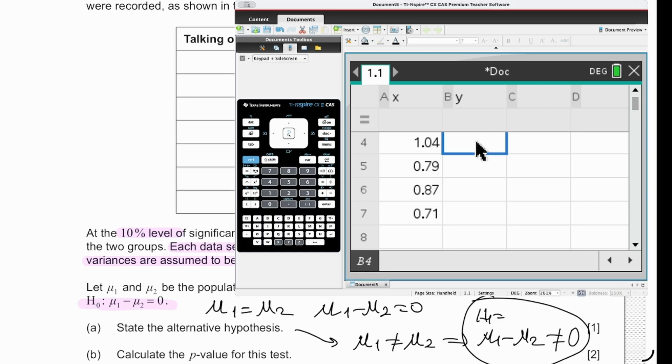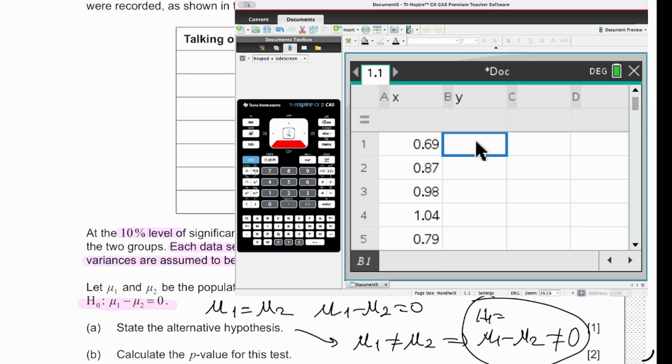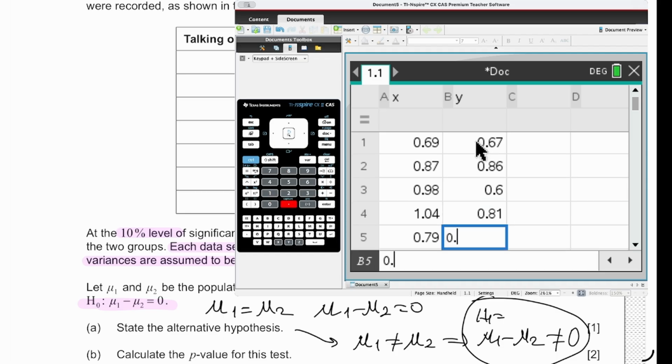Let's go here and top. Okay, 0.67, 0. Okay, this is our reaction times.